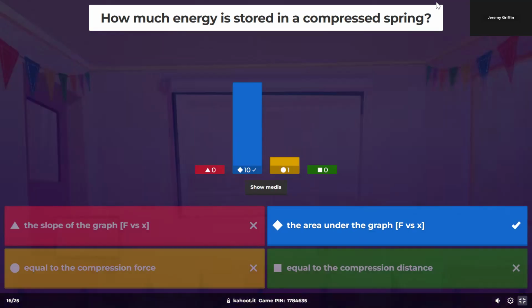Yeah, area under F versus S. Okay. Now, guys, for compressing a spring, you guys just saw the... oh, actually, I got it right here.